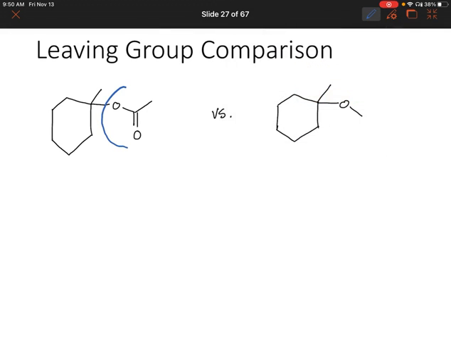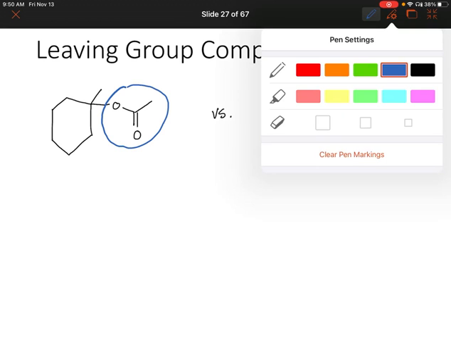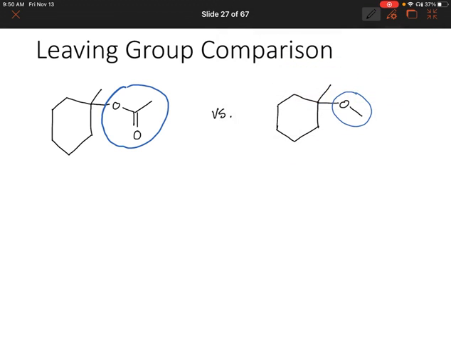So I'll just circle the leaving groups. And remember, you can step through CARDIO to figure out which one is more stable. So I'd like you to try this one on your own and see if you can figure out which leaving group is more stable and is therefore the better leaving group. And you can pause the video if you would like.